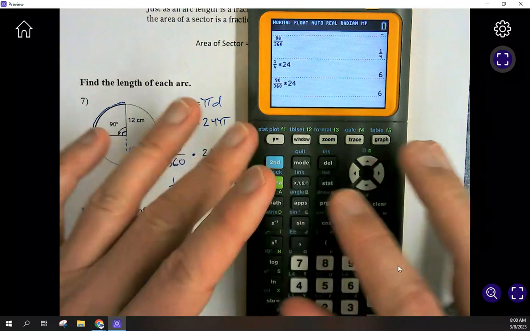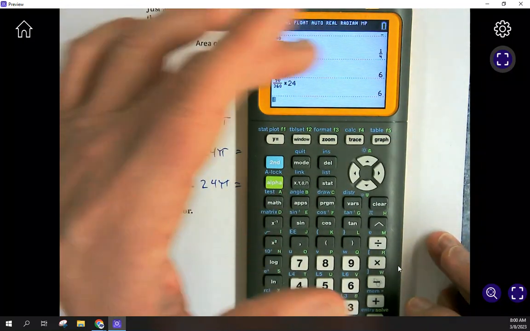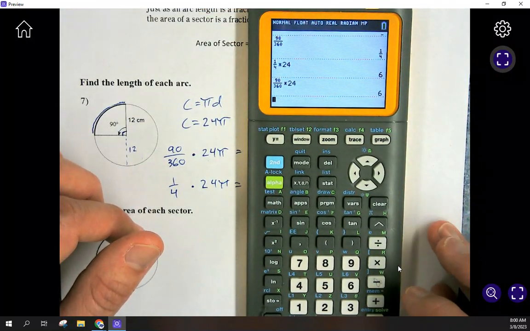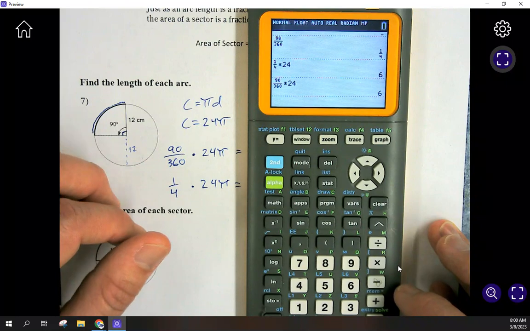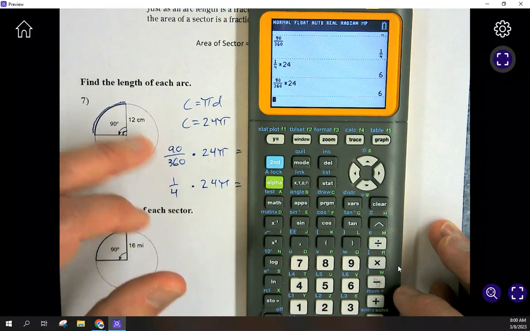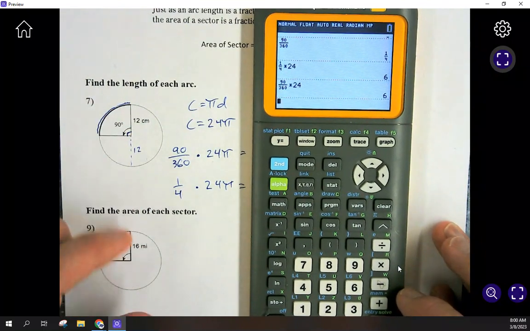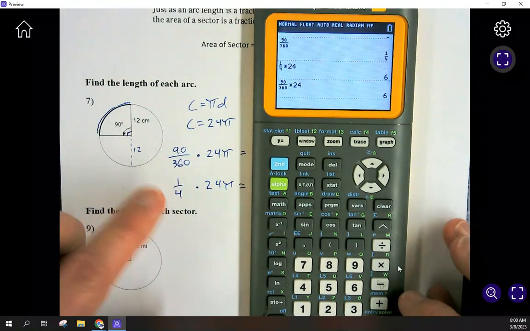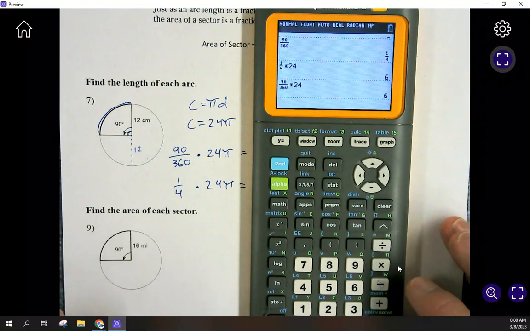So if you're using a calculator like this, you don't even necessarily have to do that extra little step of simplifying. But we will mostly still look at that because it's just easier to see, like, this is 1/4 of the circle as opposed to 90 out of 360. It's just going to make more sense if we use those simpler fractions.